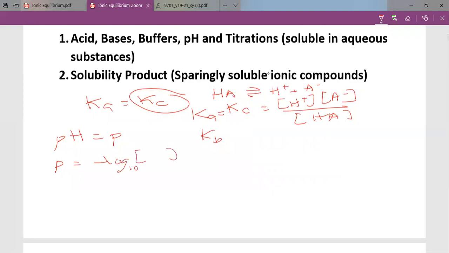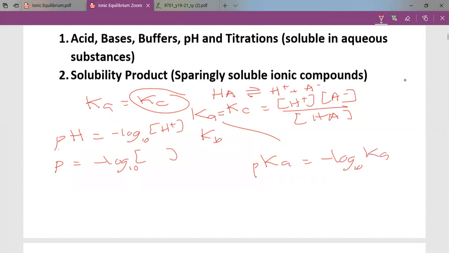So pH is equal to minus log base 10 of H plus. You must put the base 10, you know. So pKa is equal to minus log base 10 of Ka.